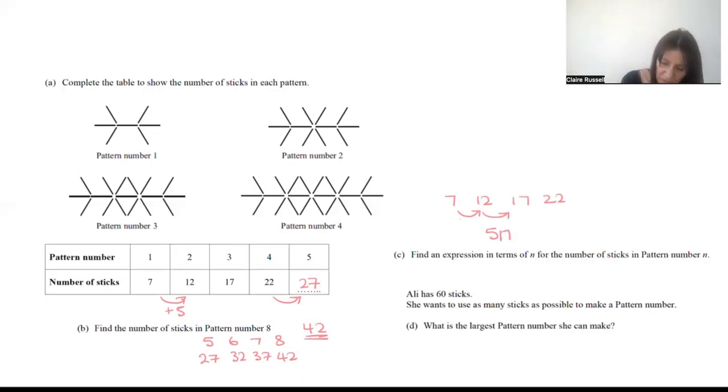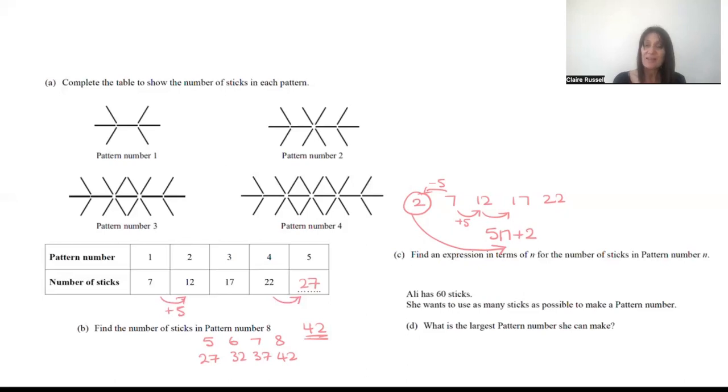And then you do the opposite. So we're going up 5, which means we're going to go down 5. 7 take 5 is 2, and that is what we write on the end. So I've got 5n and positive 2. I have a positive 2, and I'm going to show that plus sign in my rule, and that's the nth term.